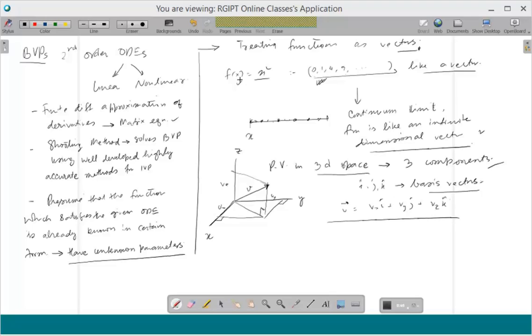Any function can be written as a linear combination of some set of basis vectors if there is an n-dimensional space.